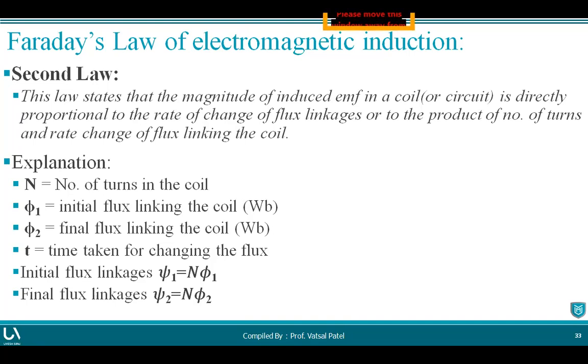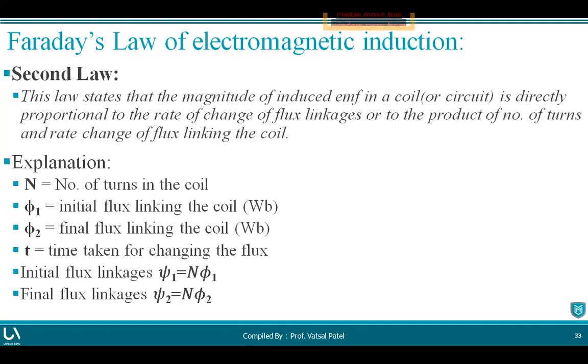Then the initial flux linkages we call the psi component. It is denoted by N into phi 1, so it is psi 1. That is the initial flux linkages, psi 1, denoted here as N into phi 1.